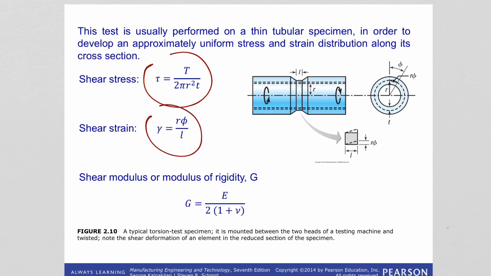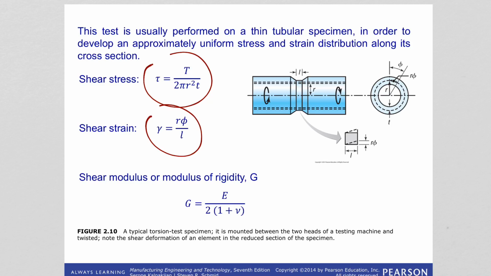R again the same, and L is the length of the tube section as shown in the figure, and phi is the angle of twist in radians.